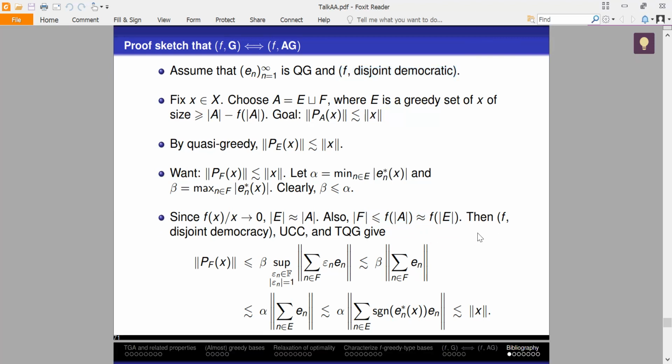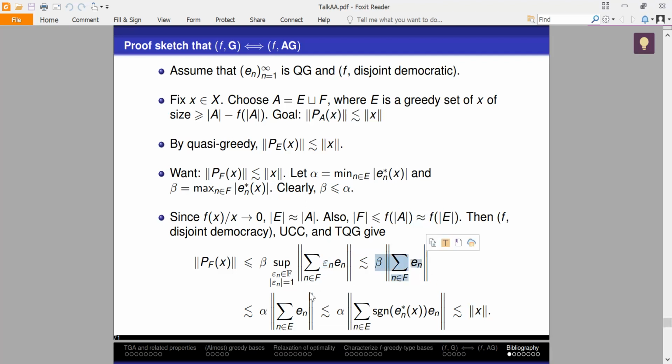Okay, so the first inequality here is due to convexity, right? Because you pick beta to be the maximum coefficient in F. So this is convexity. The next one is UCC. Remember, if you have a quasi-greedy basis, UCC means that if you change the scalars, the norm doesn't change much, as long as the scalars have modulus 1.